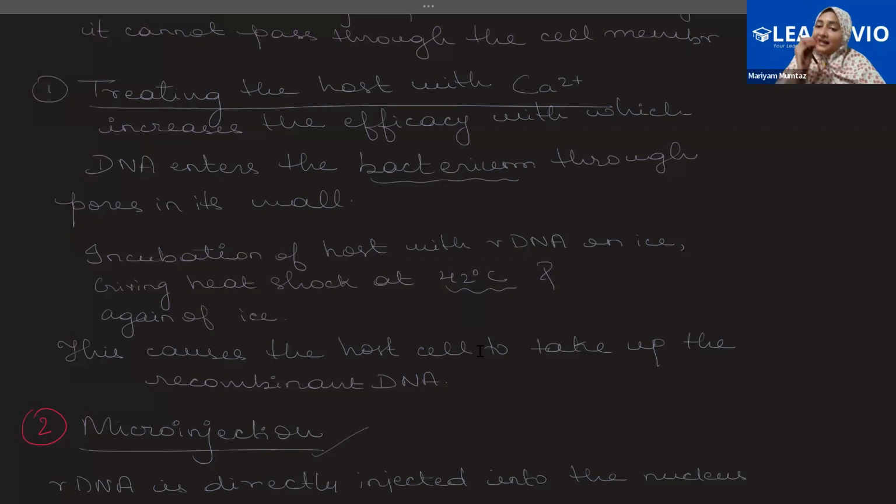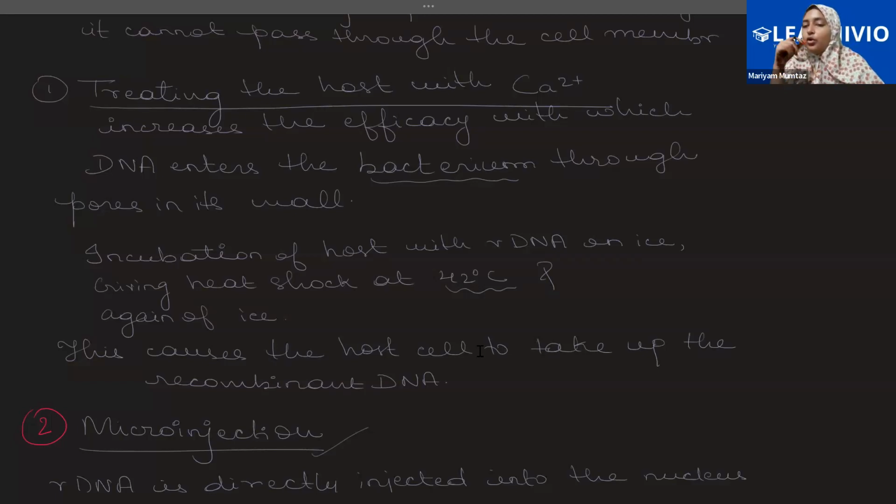Whenever you want to make a bacterial cell competent to take up foreign DNA, we treat it with calcium dipositive ion. Because of it, it becomes very efficient to take up the DNA now. Why? Because calcium dipositive ion creates pores in its wall.